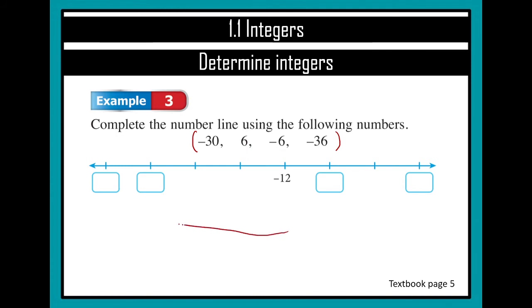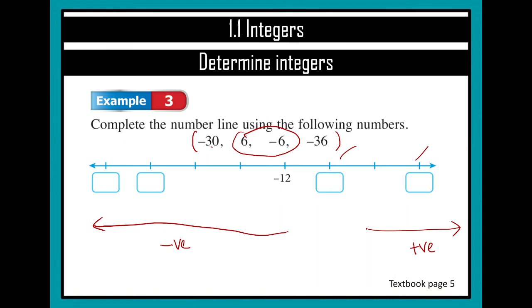We know that this side is for the negative numbers, so I'm going to use a short form, negative. And somewhere on the other side, it will be for the positive numbers. Look at the question. There are two numbers which will be on the right side. One is 6, the other one is negative 6.